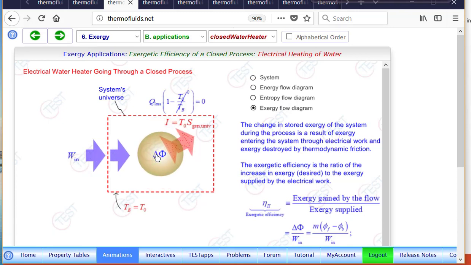That's why the exergy of the system is increasing. But a big part of exergy is getting destroyed. It's very possible exergy can be destroyed because of entropy generation. Exergy could also leave by heat, but in this case, the temperature is ambient temperature. Therefore, no exergy is leaving to the atmosphere. Basically, exergy cannot be stored in the atmosphere. It's already in dead state.